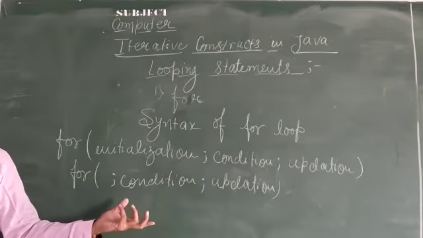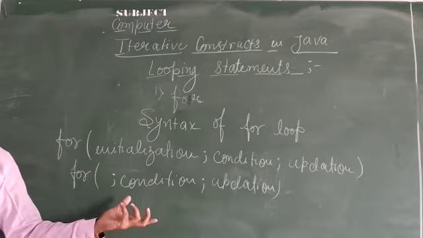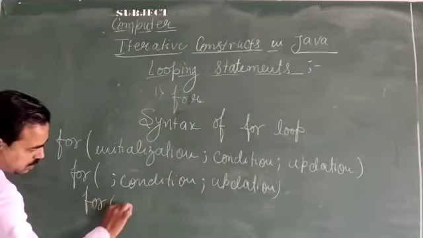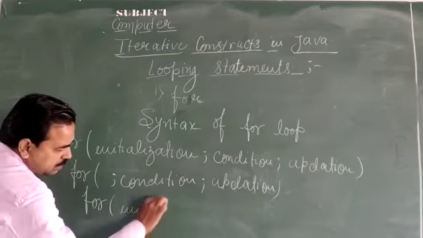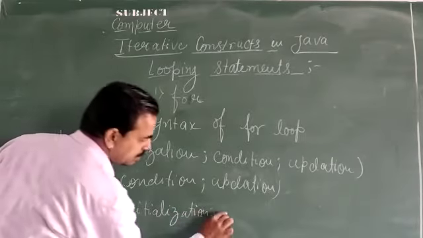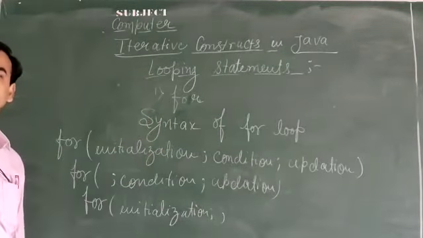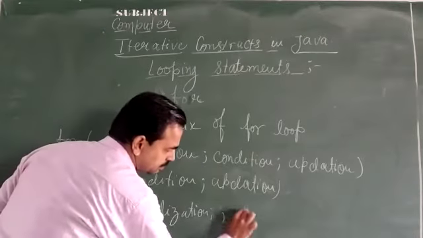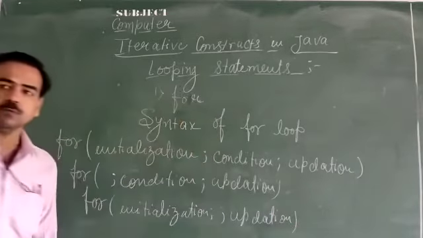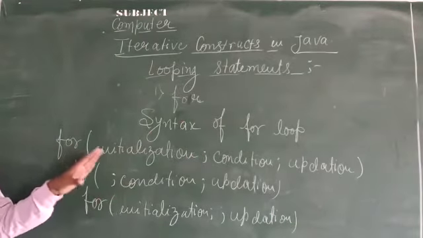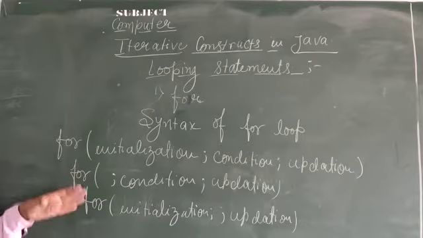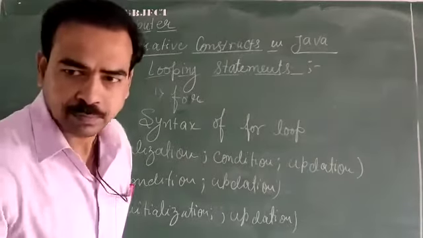Condition is not there, so we put a blank semicolon, like for initialization, semicolon and semicolon, then updation. So with for loop, these things you have to keep in your mind. Got it? Any confusion?